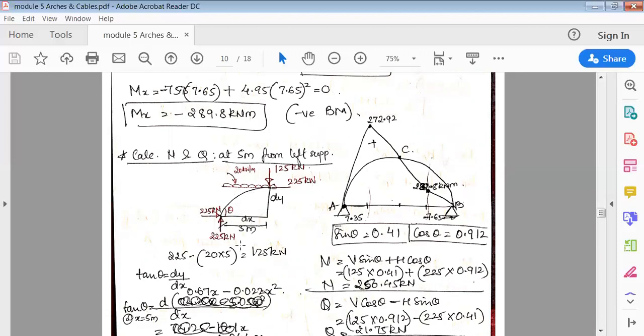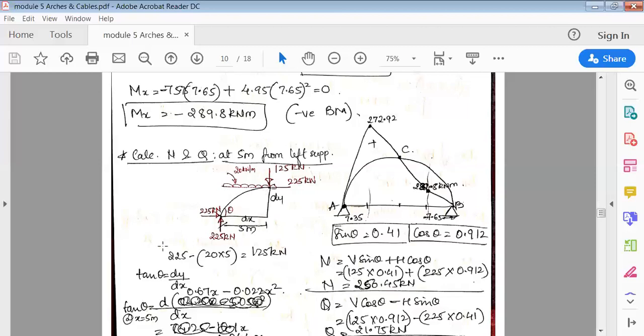So first, 225 upward, here also 225 downward. But because there is also a load acting in between the span from 0 to 5 meter, so 225 minus 20 into 5. This UDL is 20, acting over a span of 5.